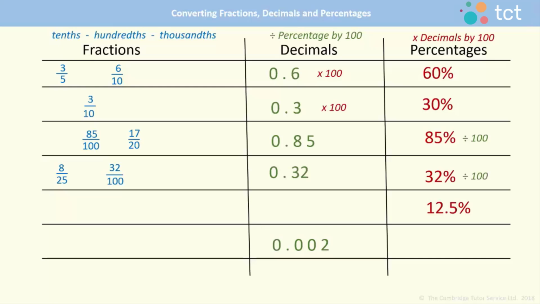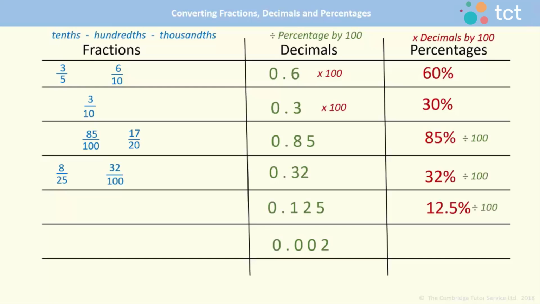12.5%. This is an interesting one, as you may recognise that that is half of 25%, and you may remember that 25% is a quarter. So this is going to be half of a quarter. So to get the decimal, you're dividing it by 100, and you'll get 0.125.